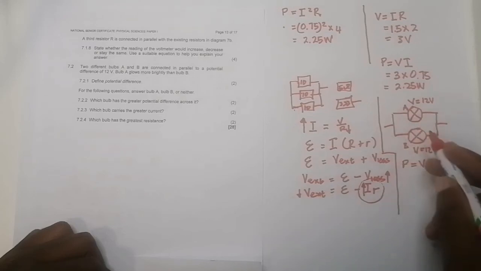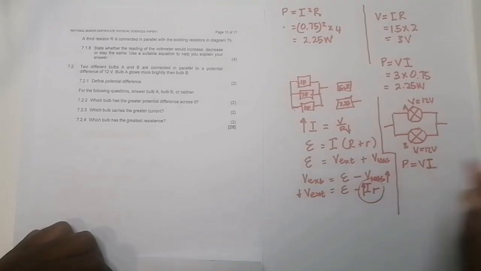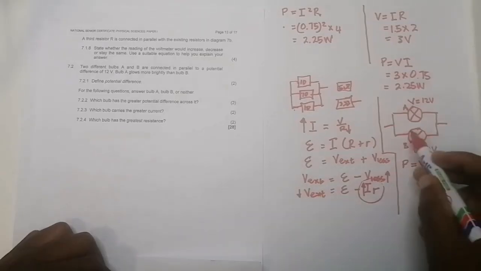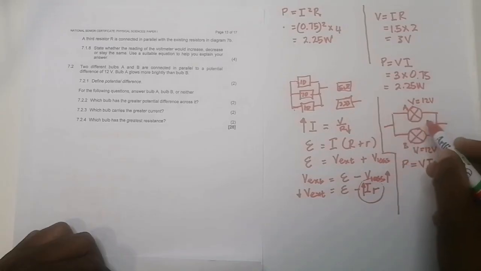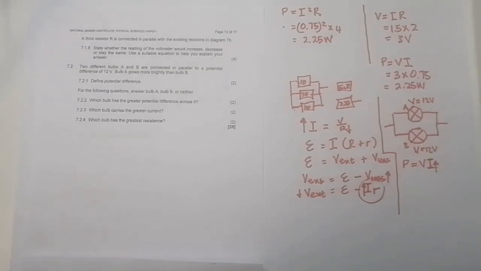We'll get to that as we answer the questions, but I just want you to see that the voltage is the same, so the current there should actually be greater. Now remember, in parallel, how do I get more current to pass there? It means that the resistance of that light bulb should actually be smaller, right?